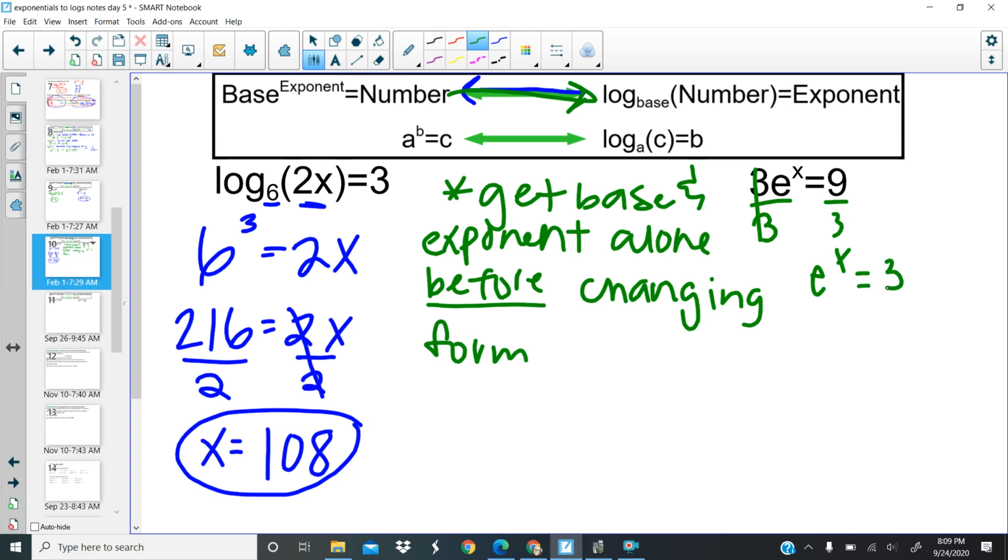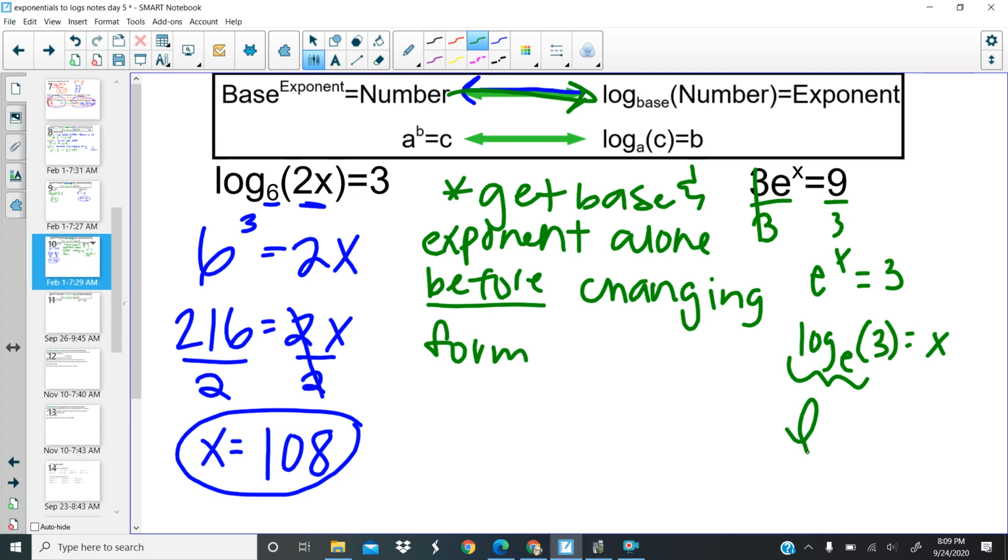And now we can rewrite it as a logarithm. So you would have log base e of 3 equals x. And then I want to point out that we have log base e. So anytime that you have log base e, that is actually going to be the natural log.